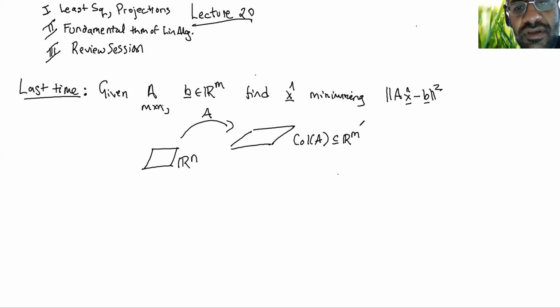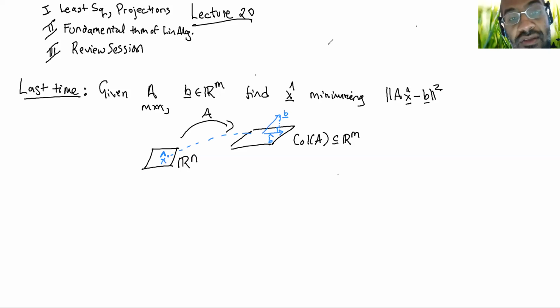It's a subspace, and you're given some vector b, which may not be in the column space. What you're asking is to find some x hat sitting back here, which should have the property that it gets mapped to some vector that will, by definition, be in the column space. Let's call that b hat. And that b hat better be the closest vector to b in Rm. Okay, so that's a picture of least squares.